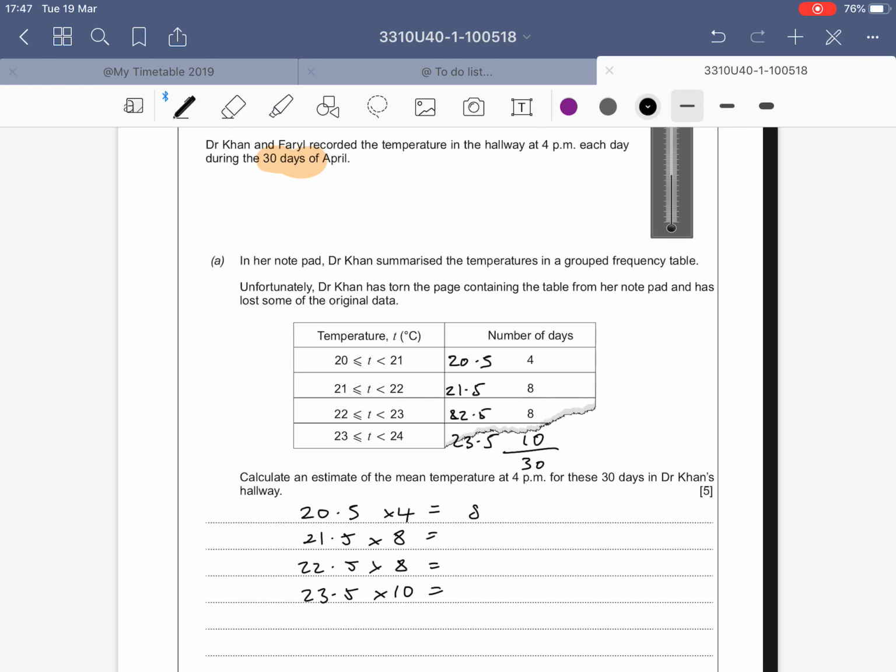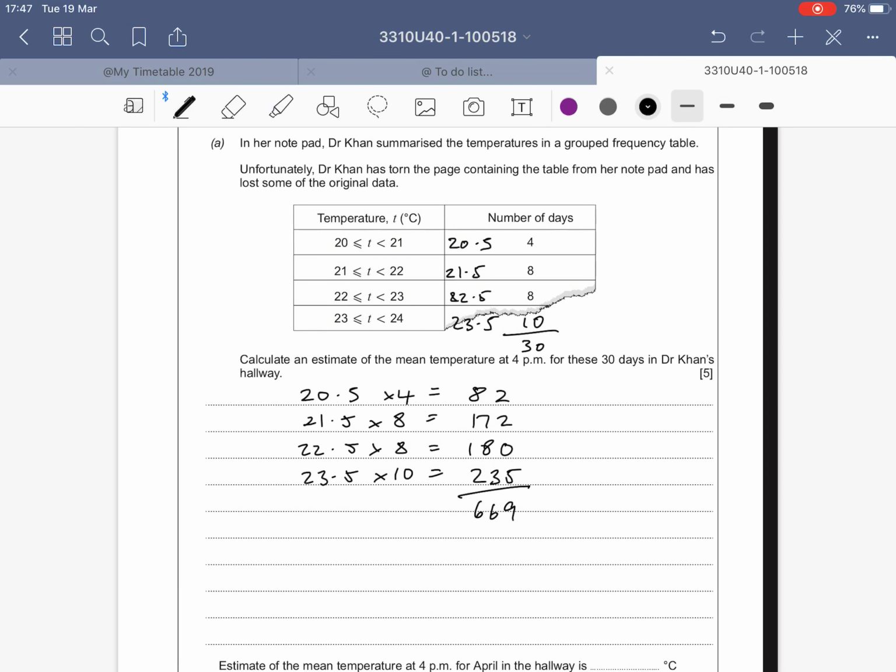So 82, 172, 180, 235. A grand total would then be 669. To find the mean, that 669 has to be divided by all of the days of the month, so divided by 30, and that comes out as 22.3 degrees.